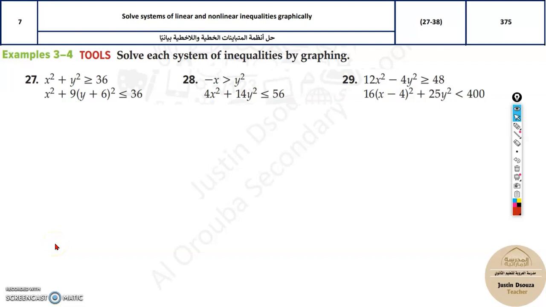The next topic is to solve systems of linear and nonlinear equations or inequalities by graphing. Here you must be thorough with the previous topics, that is, the standard forms of parabola, hyperbola, ellipse, and circles are also there. When you look at an equation, you must know which equation it is.